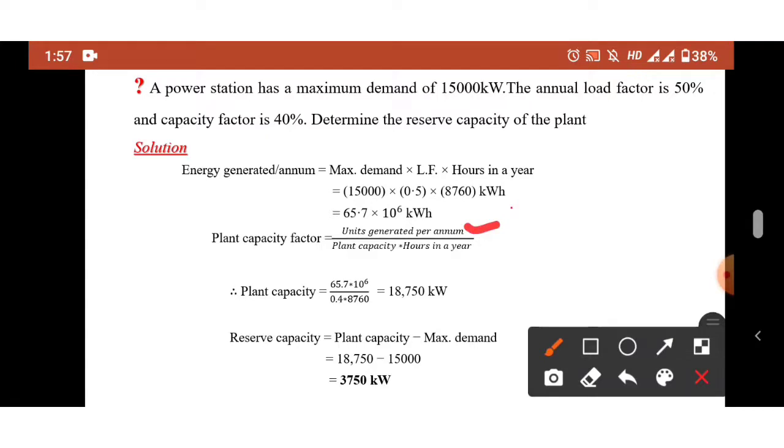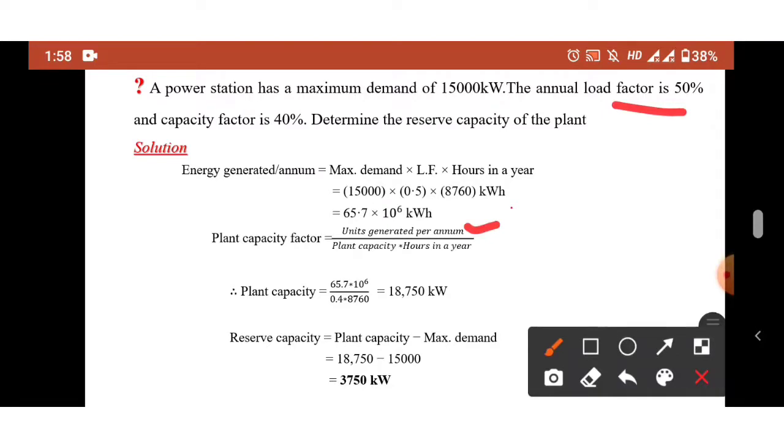Here the load factor is given. We know that load factor is equal to average load or average demand divided by maximum demand. From that equation find the energy generated per annum, or units generated per annum. Average load is not given, so in place of average load substitute units generated per annum divided by hours in a year.